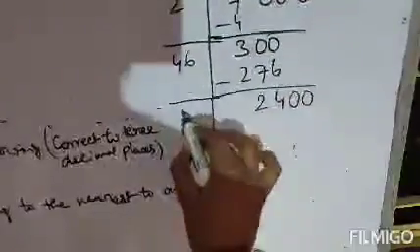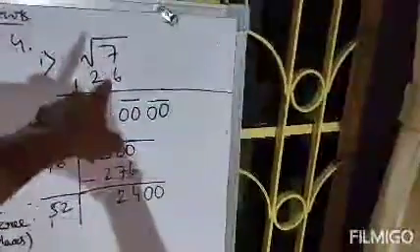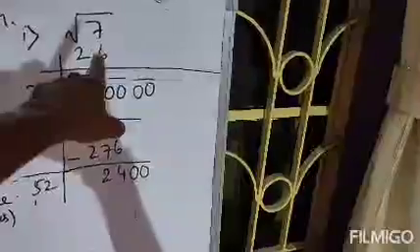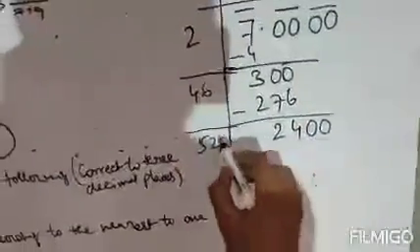Now this 26 will be multiplied by 2, that is 52. Listen carefully, while multiplying 26 into 2, we will not consider the decimals. We will just multiply the numbers. Clear? So 52, now multiply it by 4.